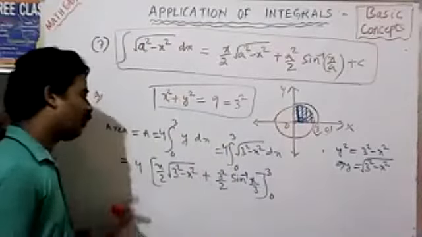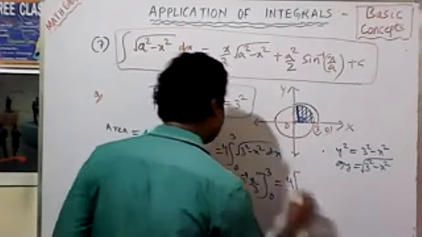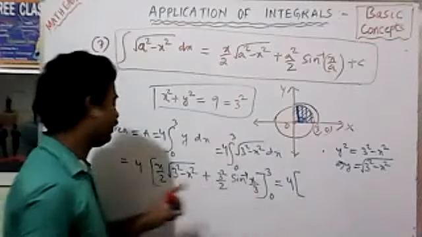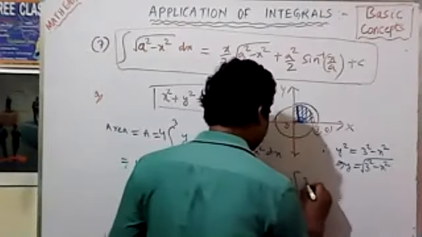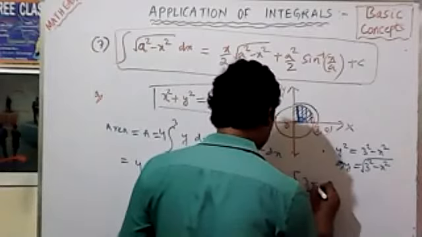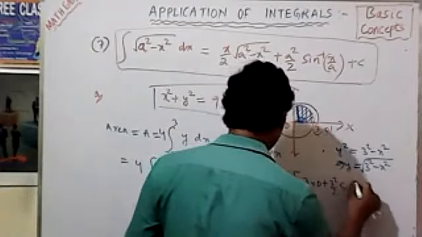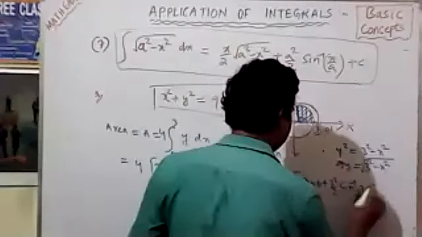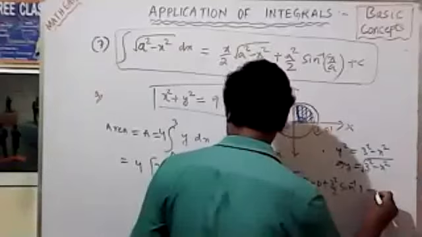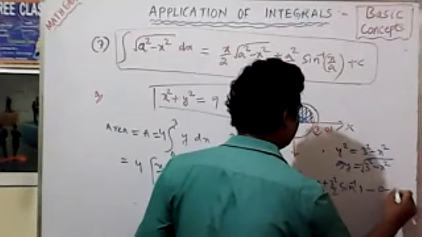First of all, you know the concept of the definite integral: put the upper limit first minus the lower limit. That is equal to 0 plus 3 square by 2 sin inverse of 3 by 3, which is equal to 1, minus 0, since sin inverse of 0 is 0.